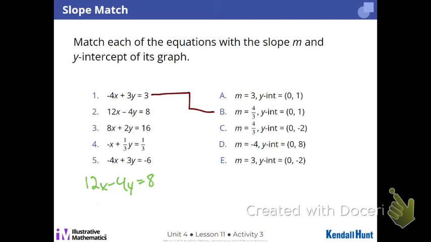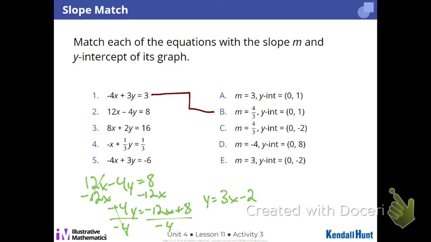I'm trying to get y alone. So I'm going to subtract 12x from both sides, which leaves me with negative 4y equals negative 12x plus 8. Just a new equivalent equation. Now I need to get rid of that negative 4. I'm going to undo times negative 4 by dividing everything by negative 4. And that leaves me with y equals 3x minus 2. So looking for the slope, what's the part of this that's happening over and over?